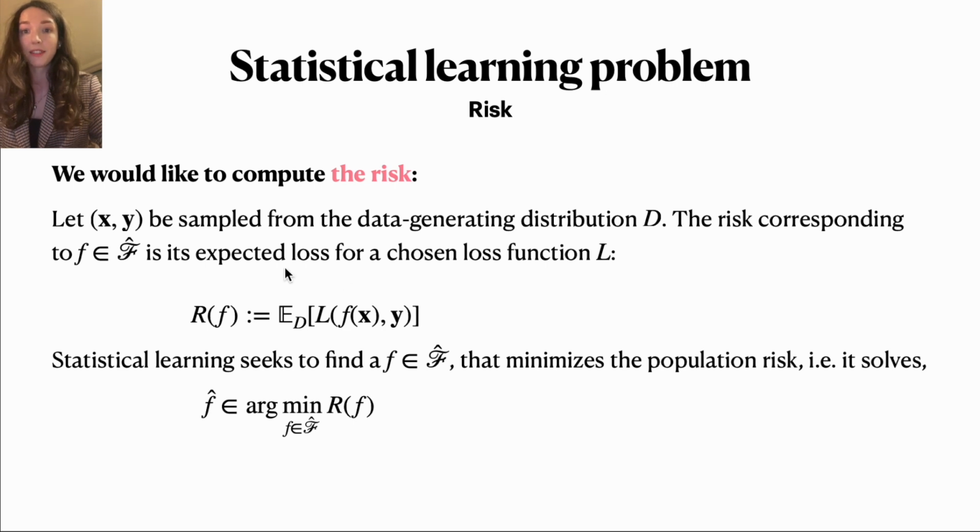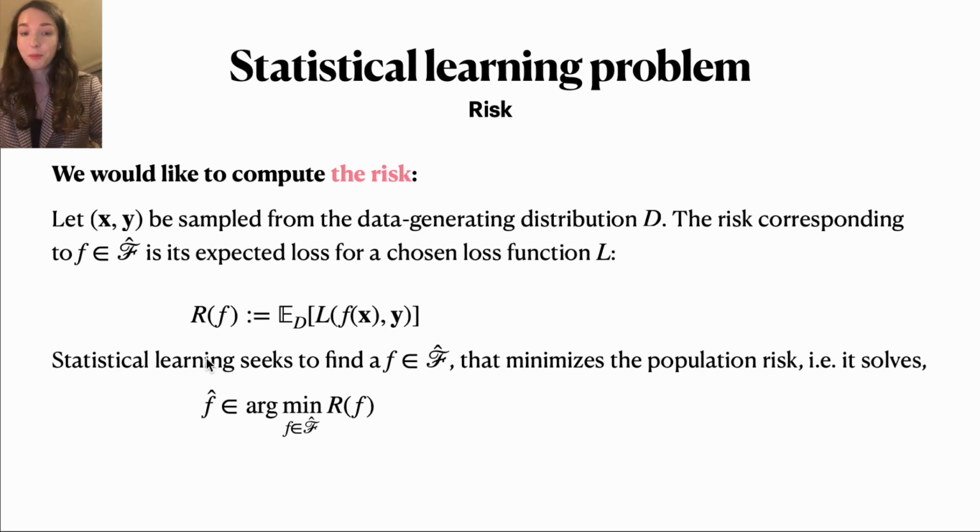We say that we have these data points x, y, which are sampled from our data generating distribution D. And then we want to compute the risk corresponding to a certain mapping or function f from our function class F hat for our chosen loss function.